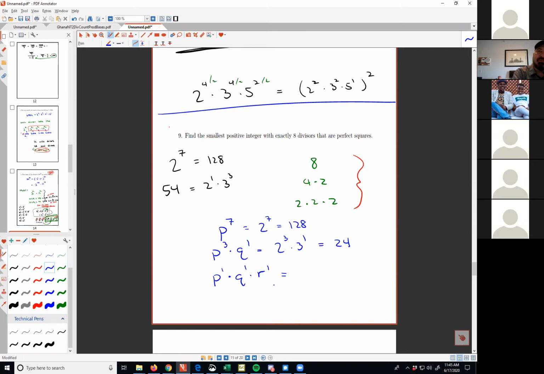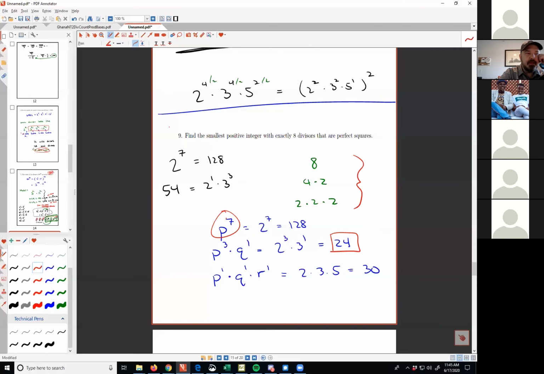Well, what's the smallest possible value of p times q times r? 2, 3, and 5. And that's equal to 30. So it turns out to be the second one of these. And really and truly, for a problem like this, there may be some that you can discard pretty quickly because the higher the power you get, the more that just dominates the multiplication process.